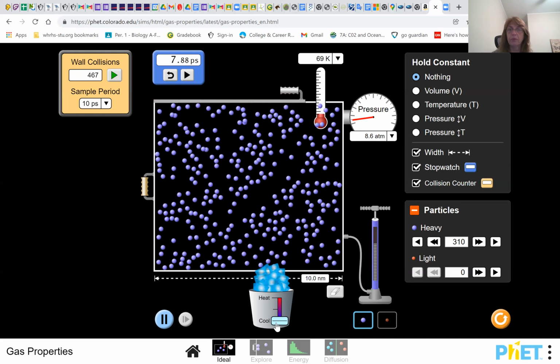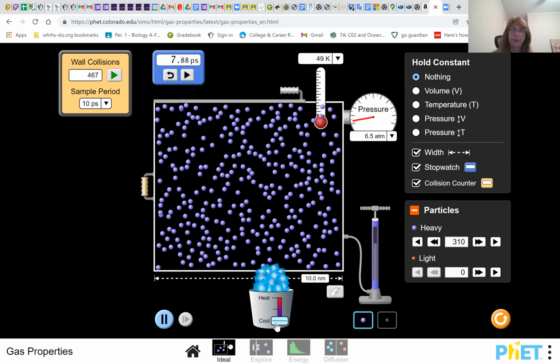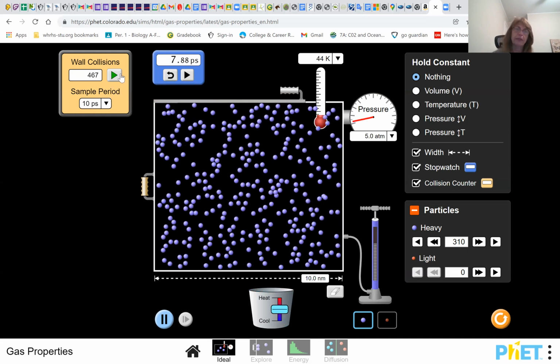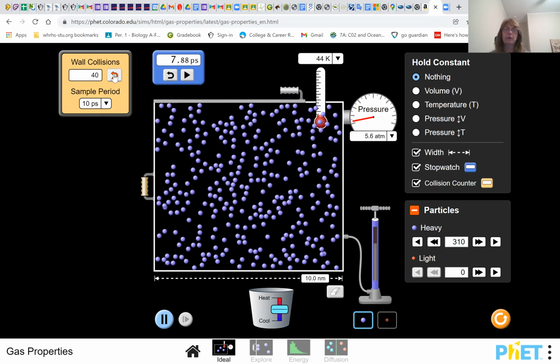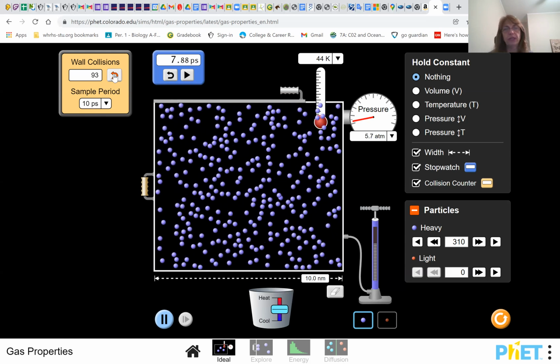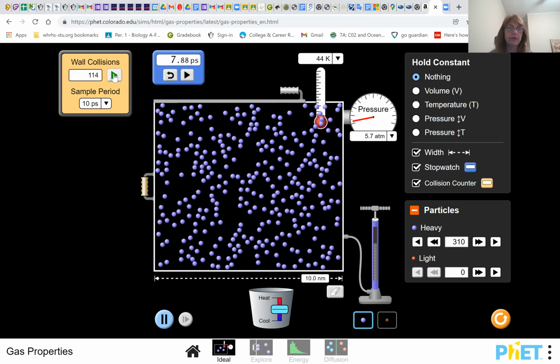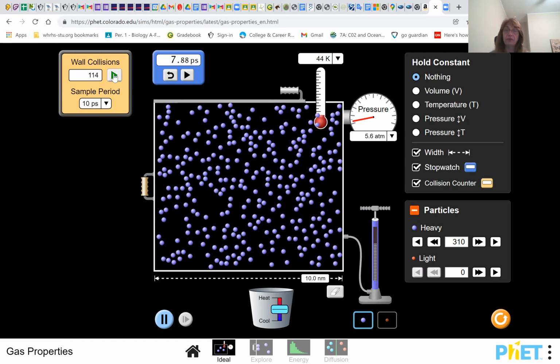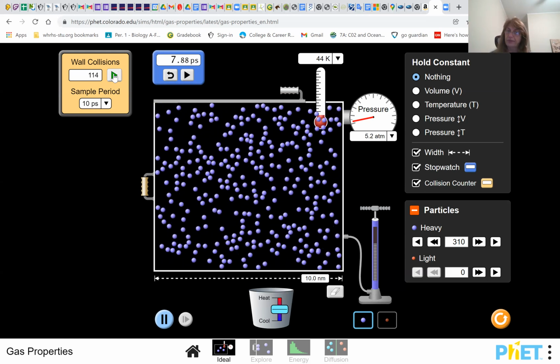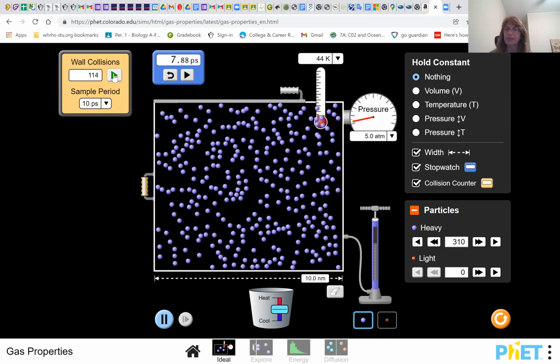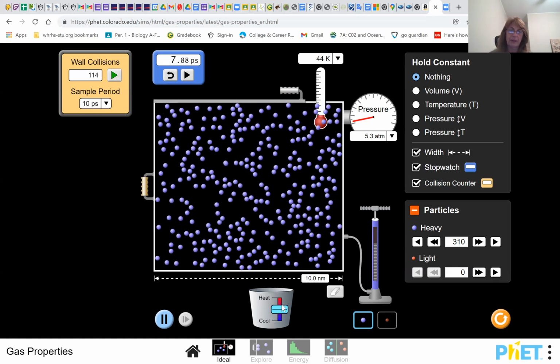So we have a direct proportion there. I'm going to quickly hit the wall collisions so we can see how many collisions we have at lower temperatures: only 114.